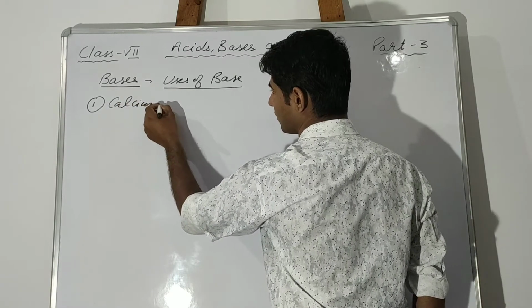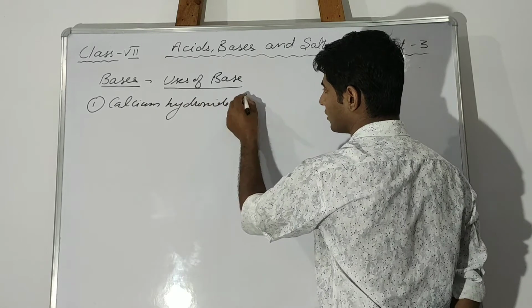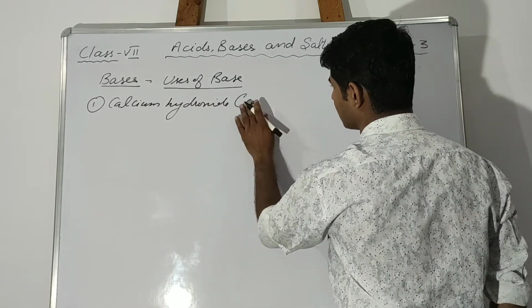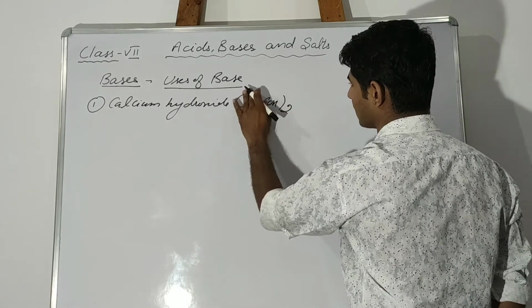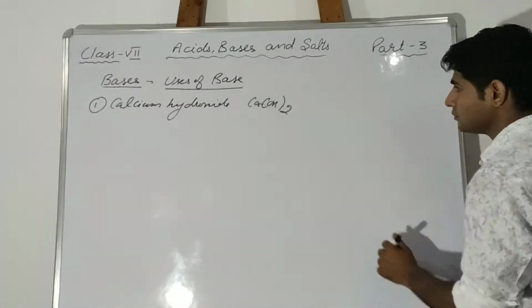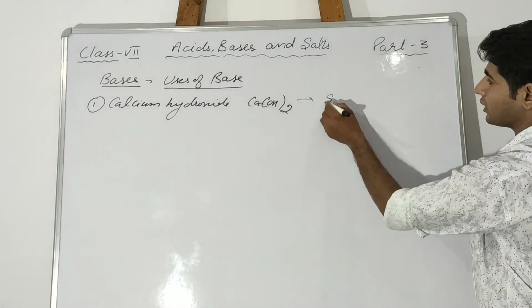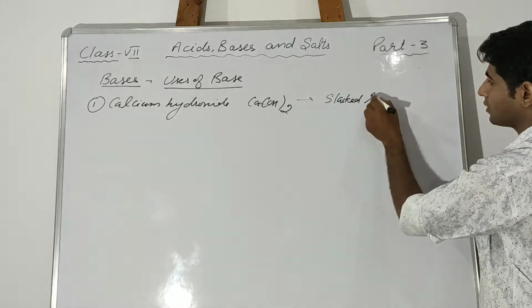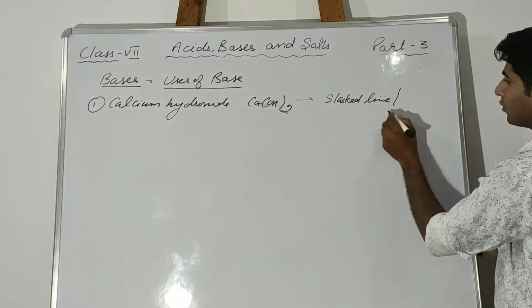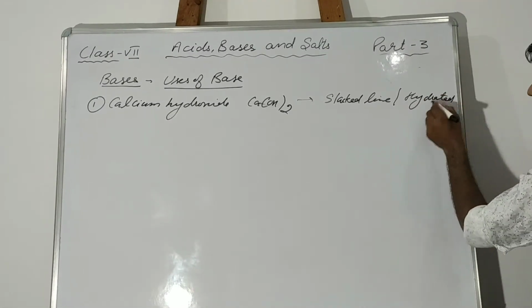Calcium hydroxide is also known as slaked lime or hydrated lime.